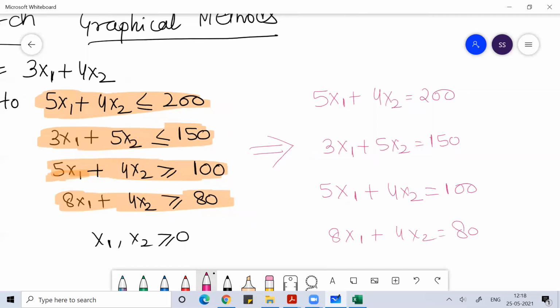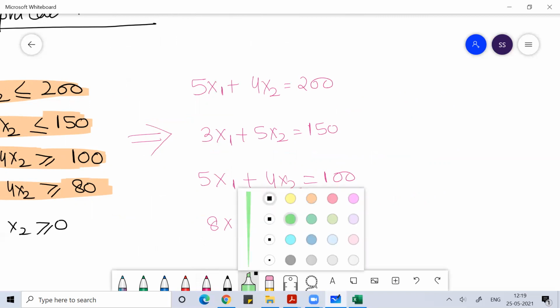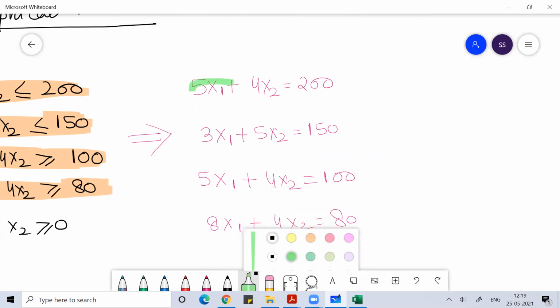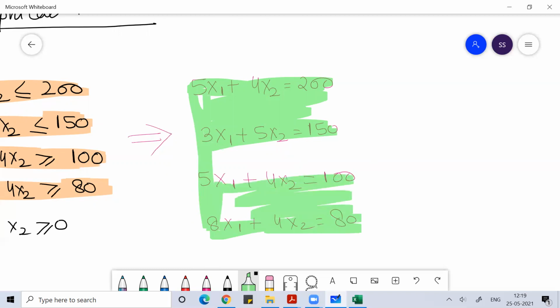Once you get this, you can see that they are linear equations.